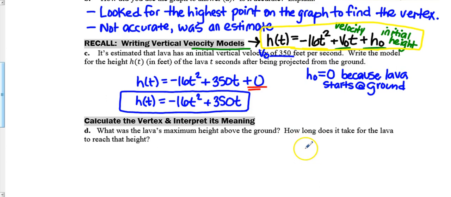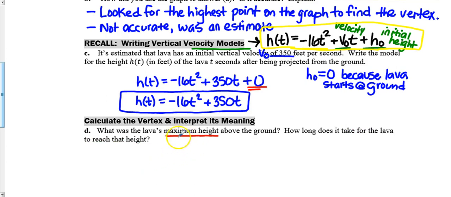Now that we have our model, notice the connection we're going to make to our prior learning about how to calculate vertex. It says, calculate the vertex, we do know how to do that, and then notice, interpret its meaning. So the question here is, what was the lava's maximum height above the ground, and how long does it take for the lava to reach that height?